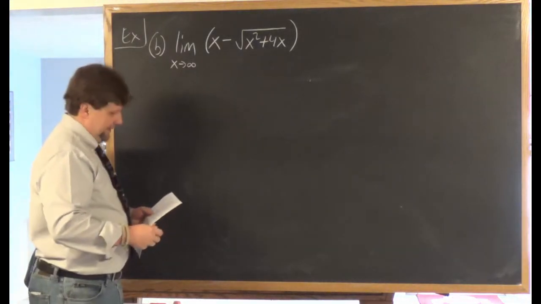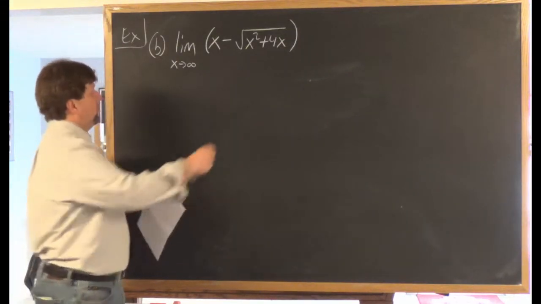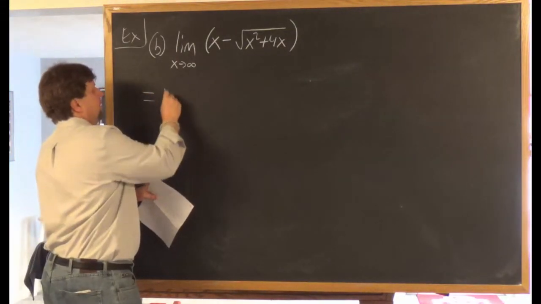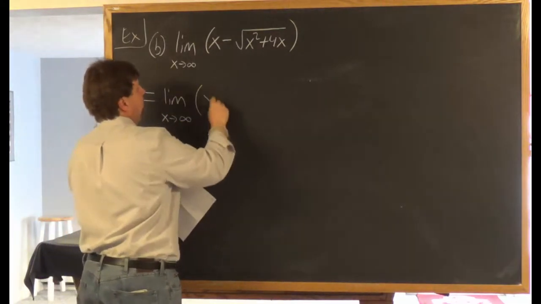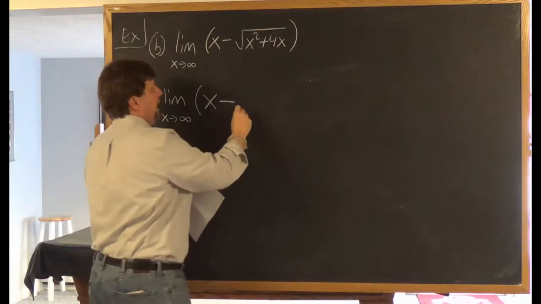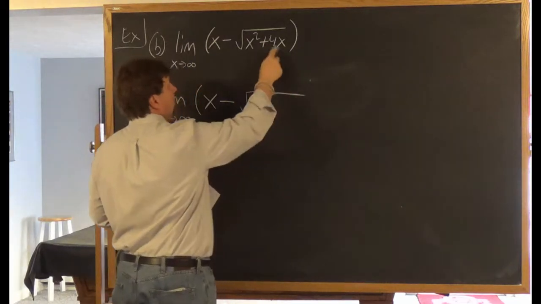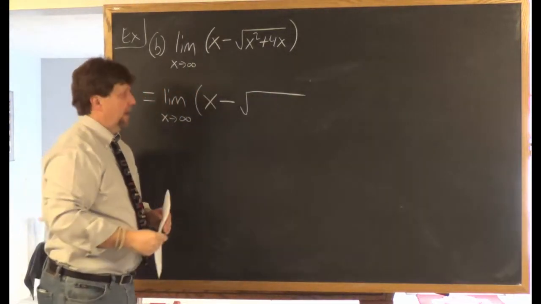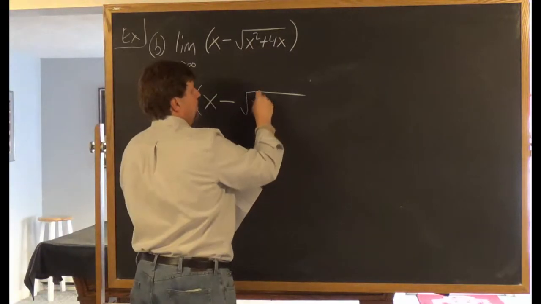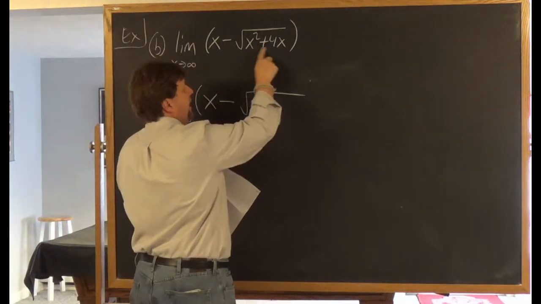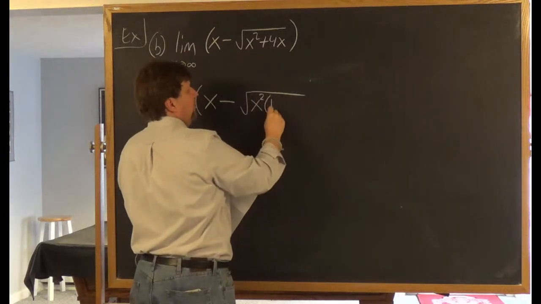So this gets a little creative. So a little creative algebra. But look at what's under the radical. X squared plus 4x. I'm going to go under the radical and I'm going to factor out an x squared. So if I factor an x squared out of x squared, well, I have a 1.